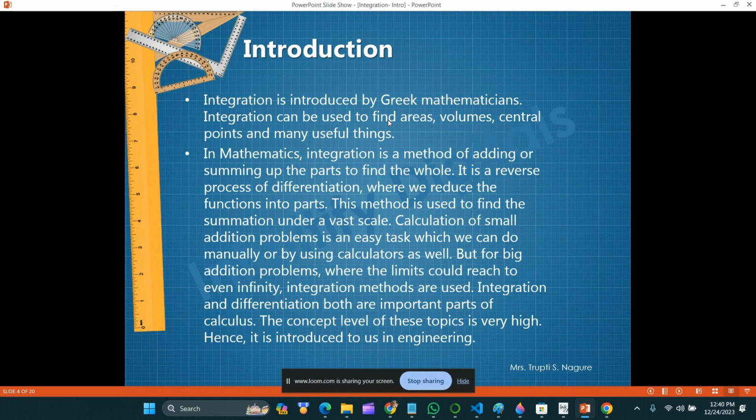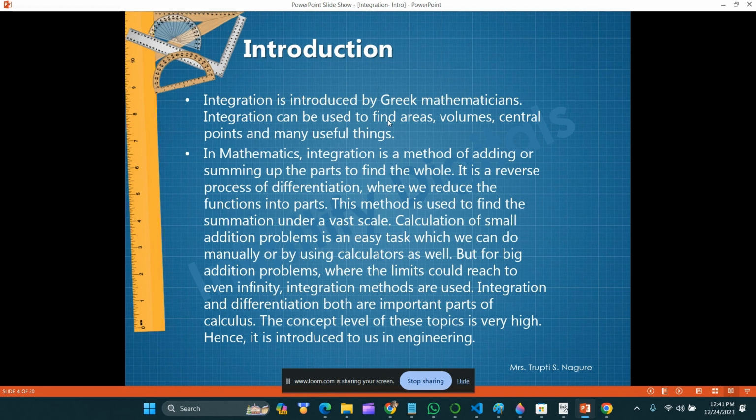Okay, in mathematics, what is meant by integration? First year or first semester you have already seen applications of derivative. In this semester we have to see the integration. In mathematics, integration is a method of adding or summing up the parts to find the whole.